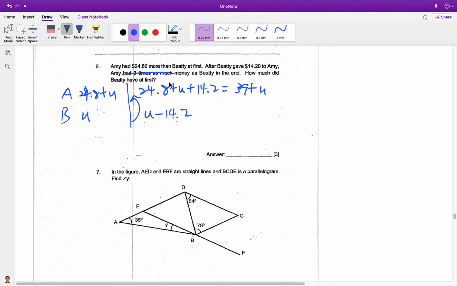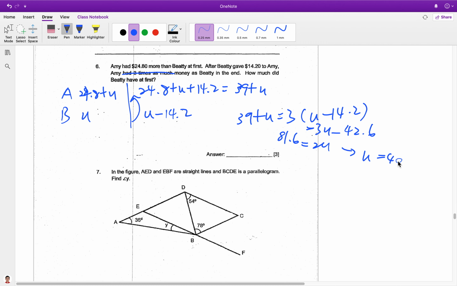Well, this one gives us how to formulate an equation, right? So 65 plus U equals 3 times what we have at last, U minus 40.2, right? So here, this one is 3U minus 120.6, right? So 2U equals, come to here, 185.6. So U equals 92.8.